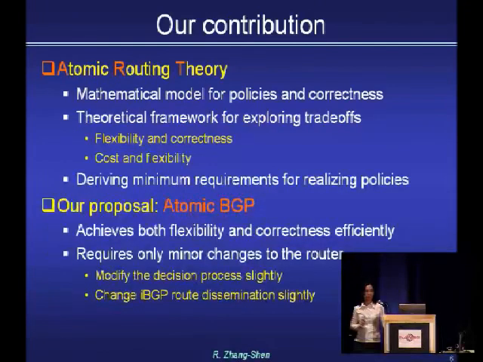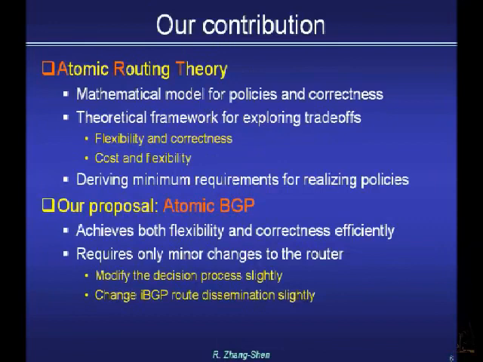And here's our contribution. We came up with atomic routing theory. This is one of the only 2 slides about the theory. It's a mathematical model to model policies and what it means to realize a policy correctly. It is a theoretical framework for exploring trade-offs.